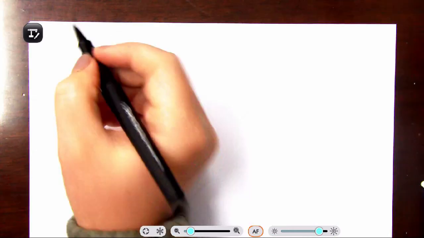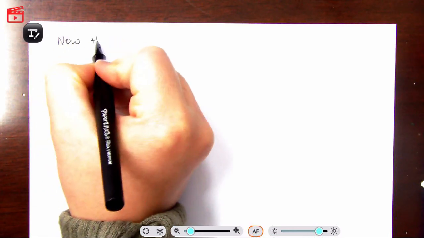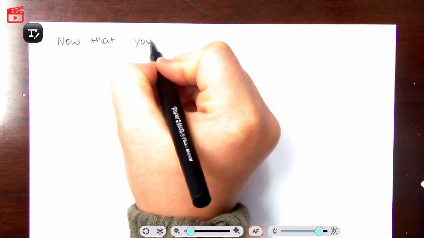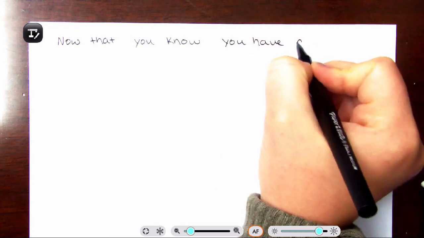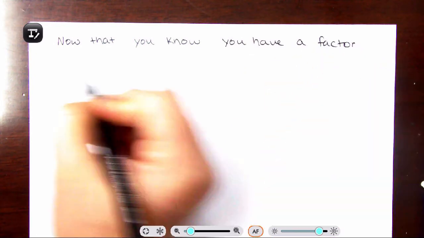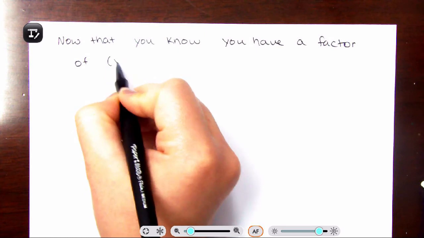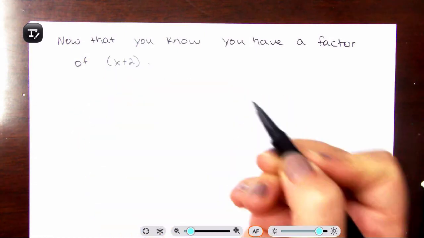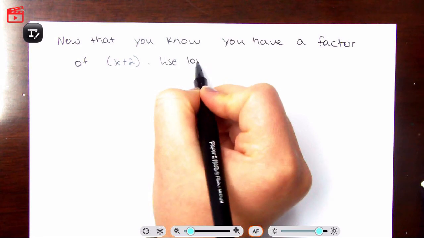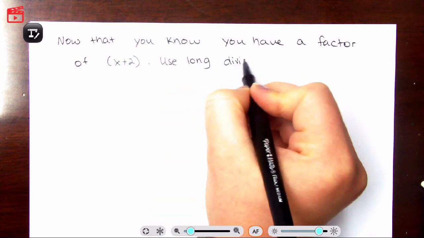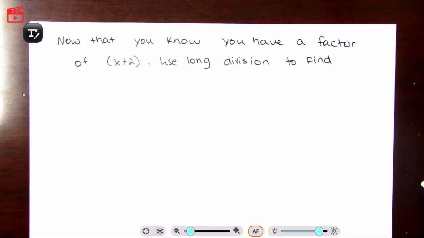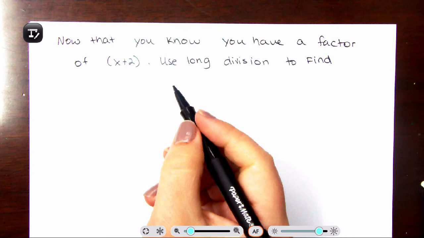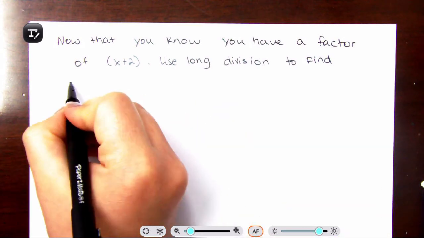So now that you know that you have a factor, you can use long division, or synthetic, depending on if you have me as a teacher or not. Use long division to find the other factor.